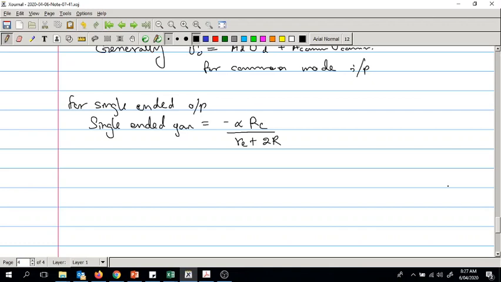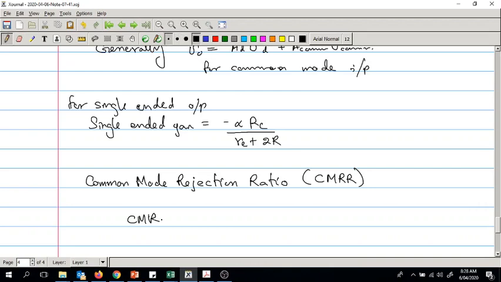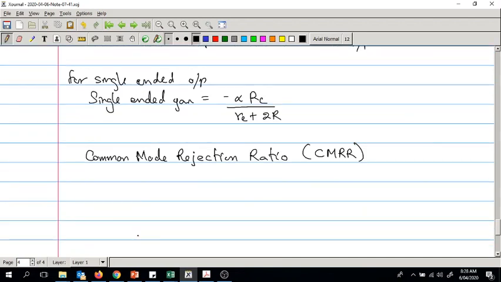Now we define something named as common mode rejection ratio, or abbreviated as CMRR.